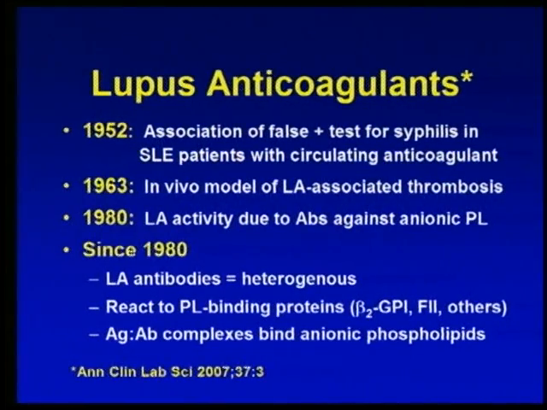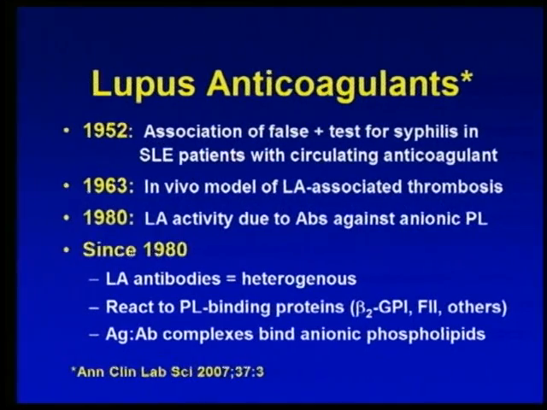Way back in 1952 was this association. About a decade later, it was shown by Bowie and colleagues at the Mayo Clinic that these lupus anticoagulant-associated patients' plasma could induce thrombosis in in vivo animal models, even though in vitro it was acting as an anticoagulant.